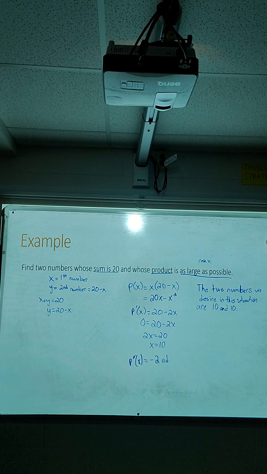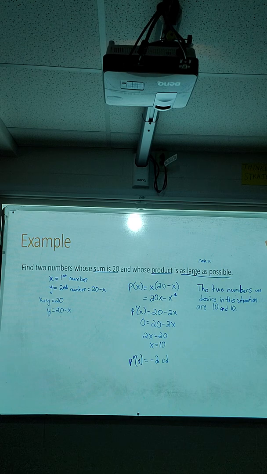Let's think about that for a minute just to see if it makes sense. Well, 10 times 10 is 100. So the biggest product I can get is 100. What if I decreased one number and increased the other number? They have to add up to 20. So what if I did 9 and 11? 9 times 11 is 99.